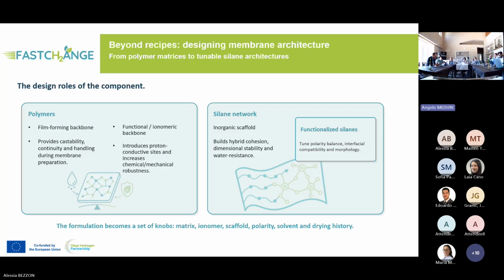The approach to integrate silane networks is to add an inorganic scaffold that can build cohesion and dimensional stability, and also improve the water resistance of the network. We are also taking into consideration some functionalized silanes to modify the polarity balance and to improve the interphase compatibility and the morphology of the membranes.